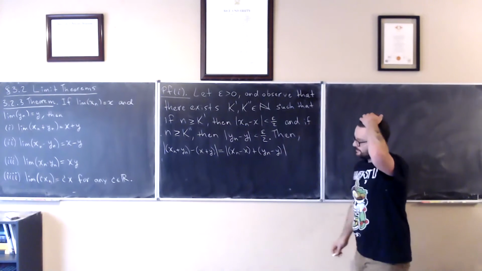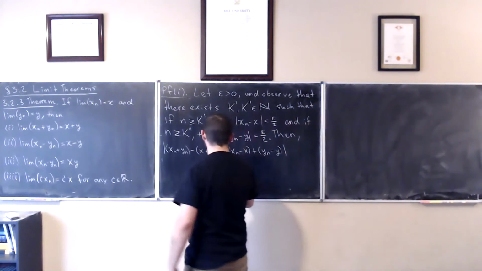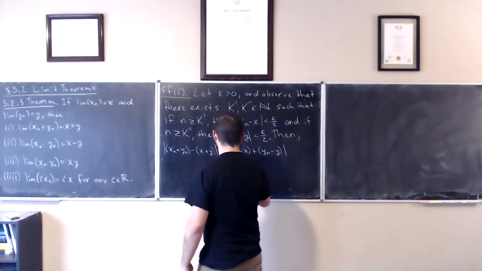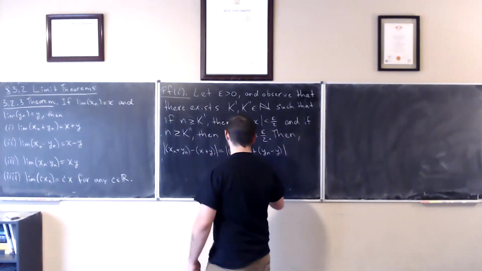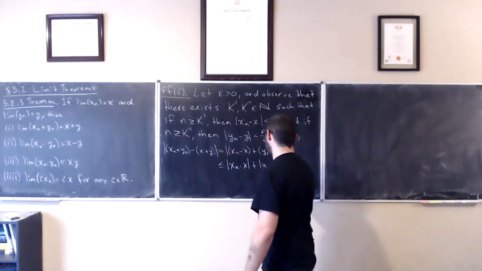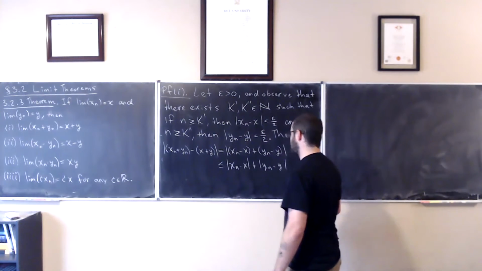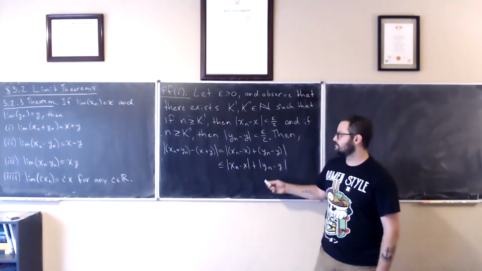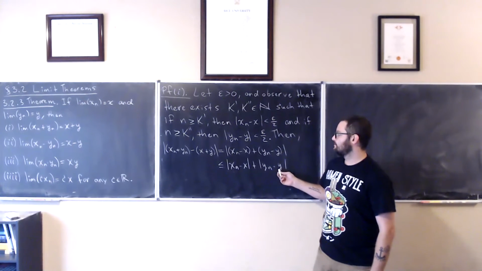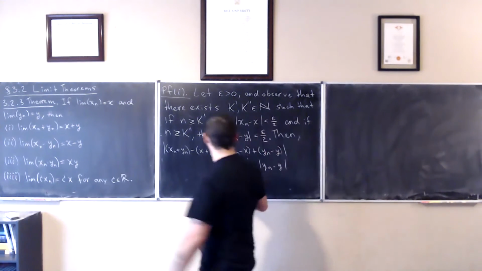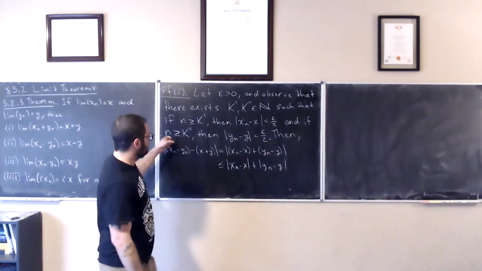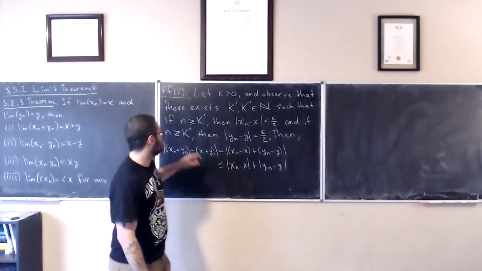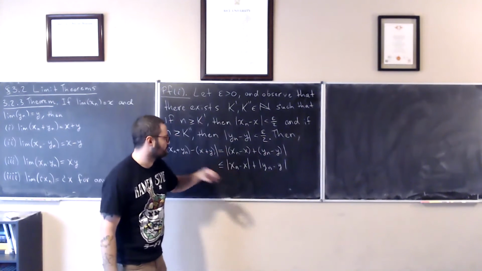Okay? So then I can use the triangle inequality again. But then we know that this is bounded above by epsilon over 2, and this is bounded above by epsilon over 2 whenever n is greater than or equal to k double prime for that one, and whenever n is greater than or equal to k prime for this one.